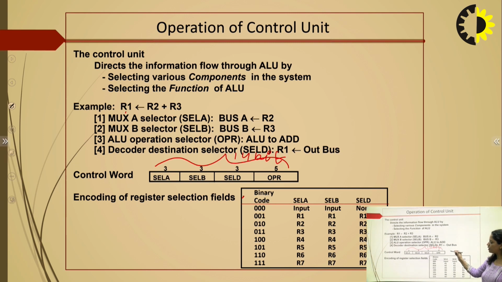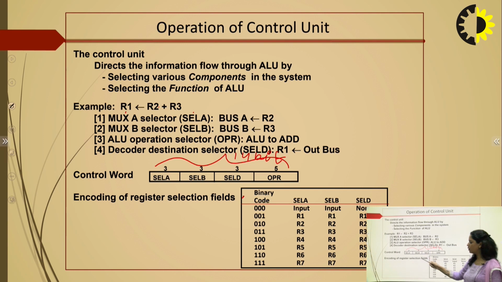Now when this control word is issued by the microprocessor, the particular operation is performed accordingly. In this example, we have two registers, R3 and R2, and we have to perform the addition operation on them and store the result in register R1. So our source registers are R2 and R3 and our destination register is R1.